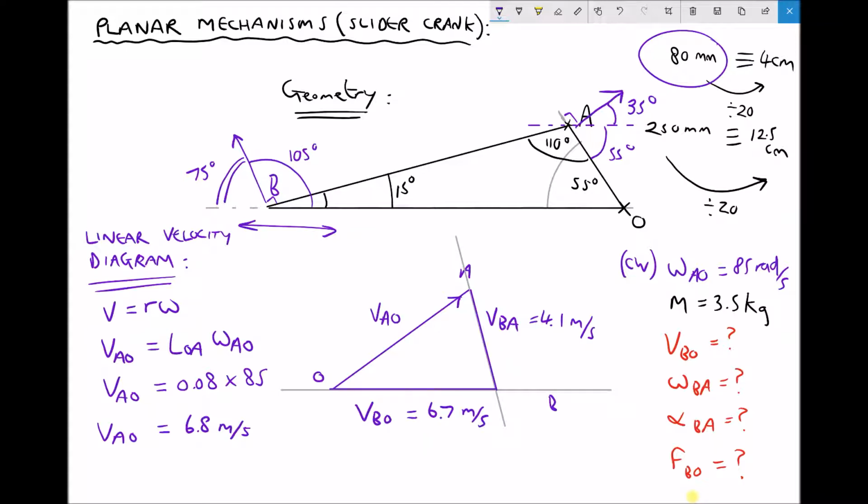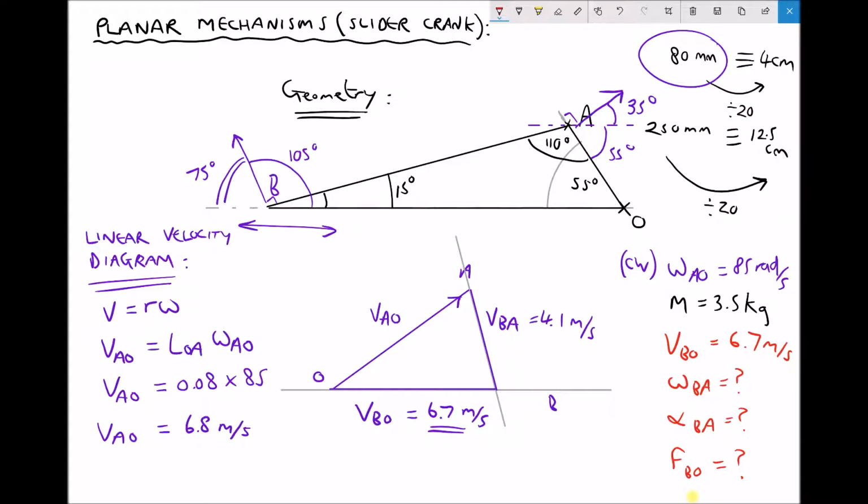So what I've managed to determine there is one of my original requirements, the velocity of B relative to O, or the velocity of the slider as it moves towards the origin. Let's add that to our right hand side. So we have 6.7 metres per second.